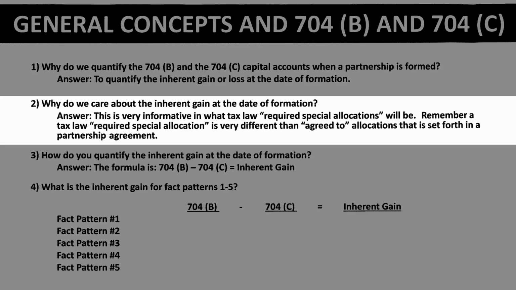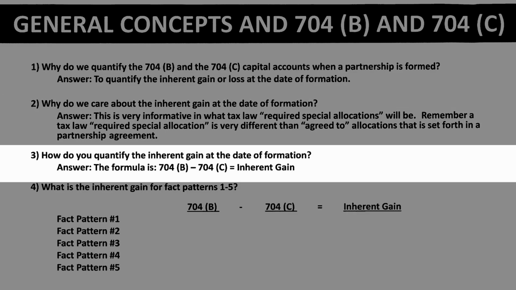This is very informative in what tax law required special allocations will be. Remember, a tax law required special allocation is very different than agreed-to allocations set forth in the partnership agreement. How do you quantify the inherent gain at the date of formation? The formula: 704B minus 704C equals the inherent gain.